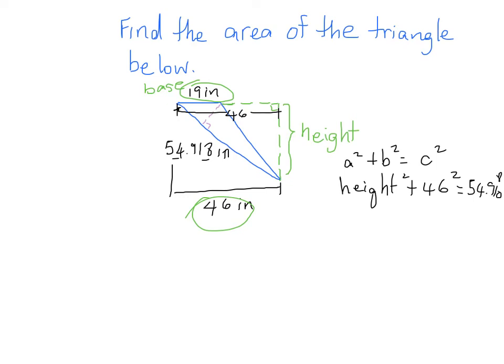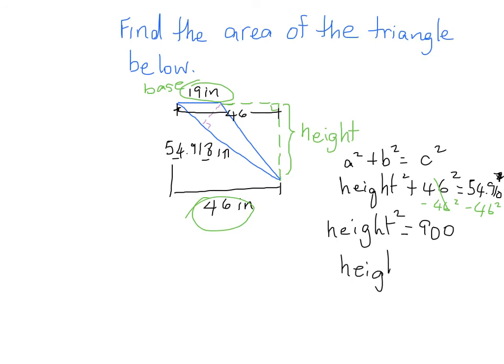Let's get that to fit. Okay, so we can complete our Pythagorean theorem. Height squared is equal to 900 when you subtract 46 squared from both sides. And so our height is actually equal to 30.